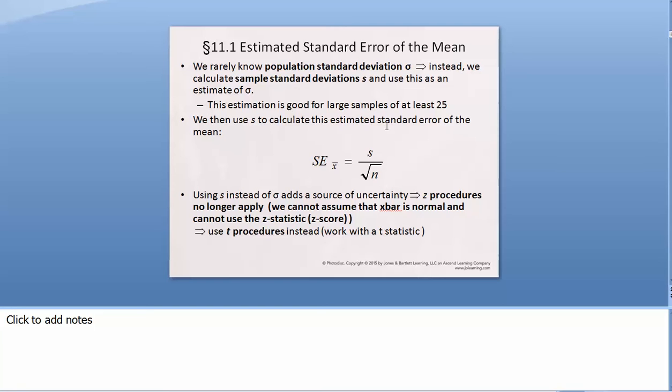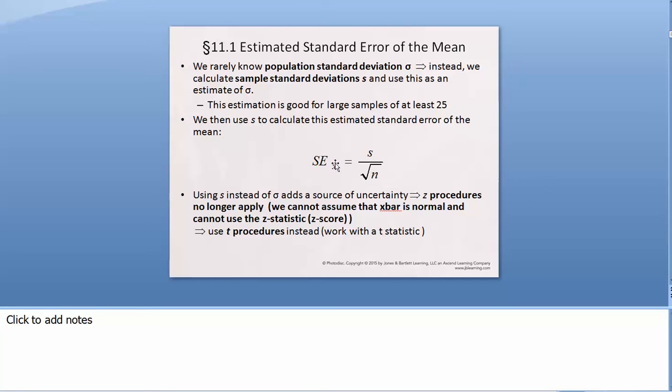So if you do not have a large enough sample, this estimation is not good. We will have this formula s over square root n, but we can no more think of s as a constant sigma value if the sample size is not large enough. What happens is this s varies from one sample to the other, right? So there is some source of uncertainty coming into this standard error of X bar because of s, because the n is of course constant.